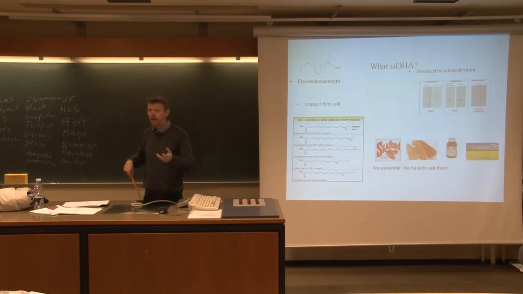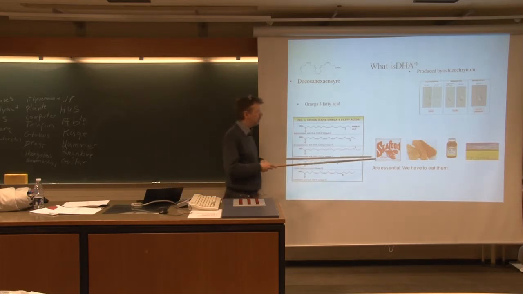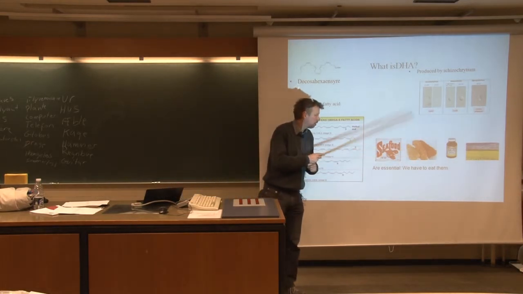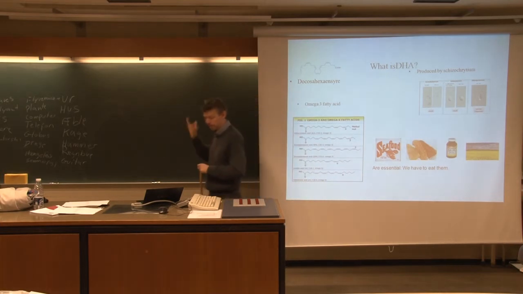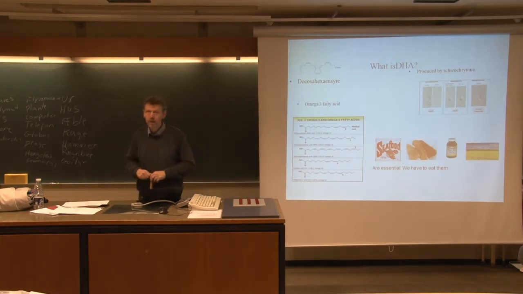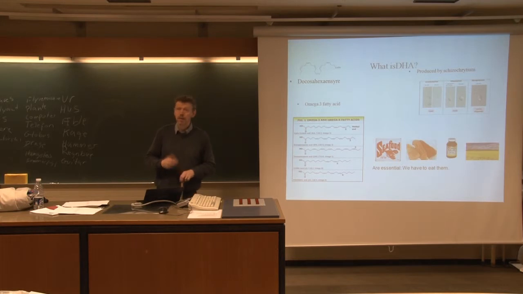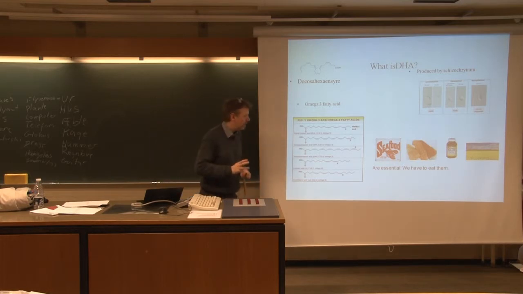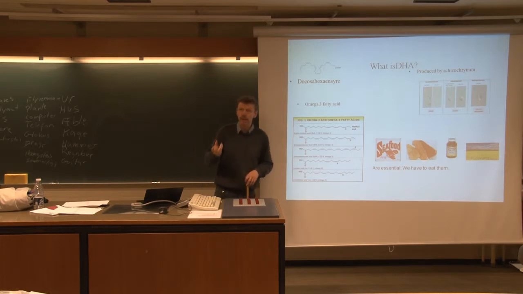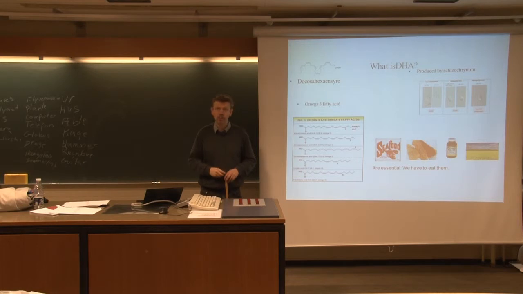They are being eaten by small fish, which are being eaten by large fish, and then eventually big fish like salmon, tuna, mackerel, and similar fish end up having quite a lot of DHA in their muscles, which is part of the reason why these fish are able to swim in very cold waters, because DHA and some other fatty acids ensure that their muscles are nice and soft, even when it's really, really cold in the ocean.